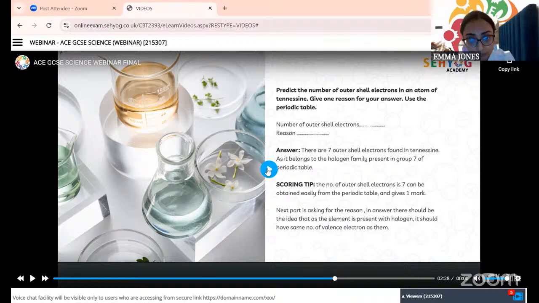Why 7? Because the reason is also asked. 7 because it is placed with the halogens. All the other halogens have 7 electrons in their outermost shell. All the halogens are placed in group 7, and this is the trend of the periodic table: in a particular group, all the elements have the same number of outermost electrons, right?